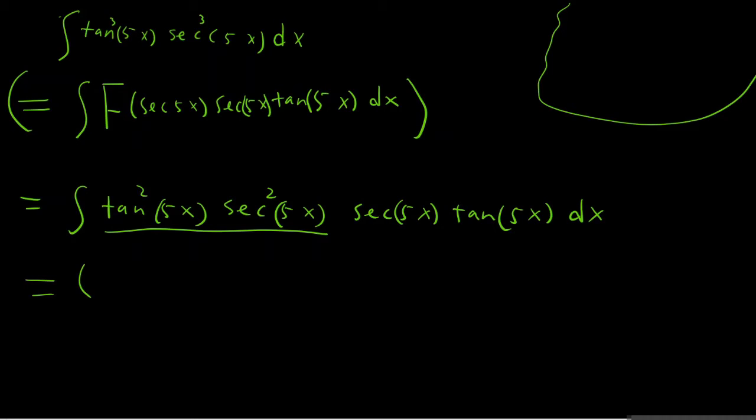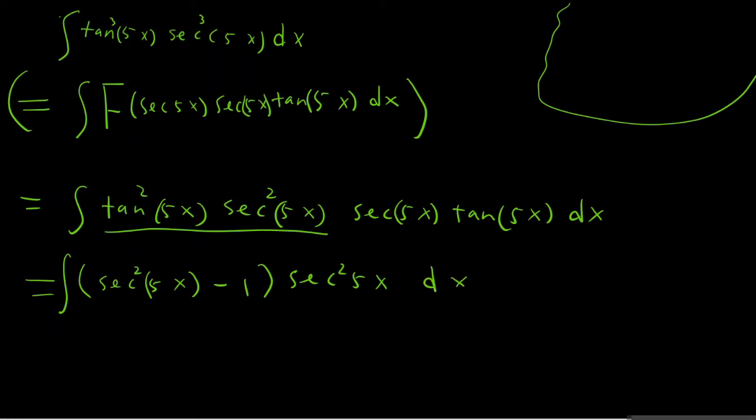Okay, tan of 5x, the whole thing squared, you just treat 5x as u, can be written as secant of 5x, the whole thing squared, minus 1. And then secant of 5x, the whole thing squared, right? dx in here.